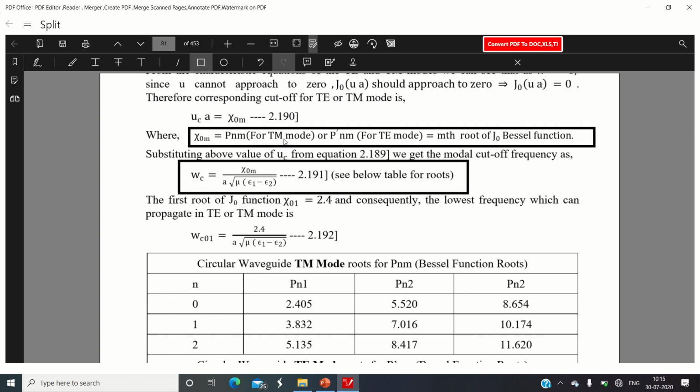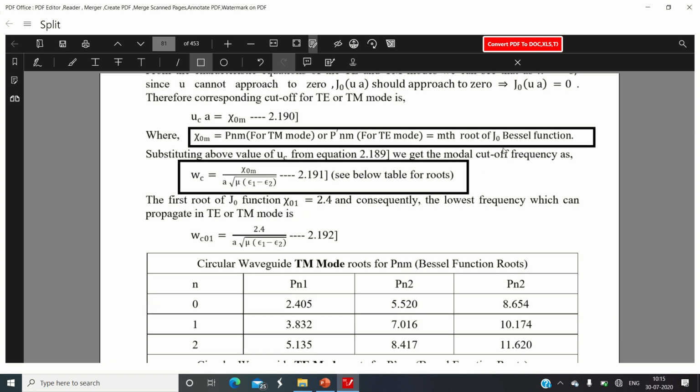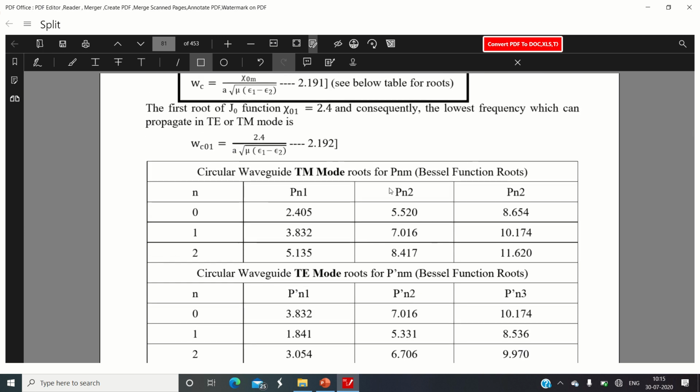For the TM mode, it is denoted by p with the suffix nm, while for the TE mode, it is denoted by p dash with the suffix nm. Okay, so here let us see what these values are for TE mode and for TM mode. These root values of the Bessel functions are given over here, and these are separate.